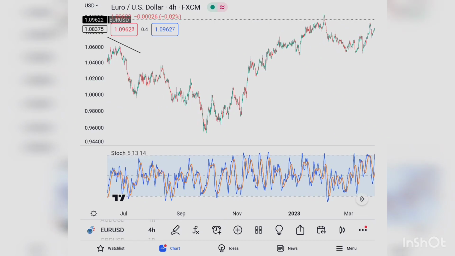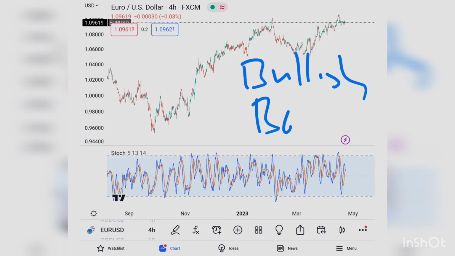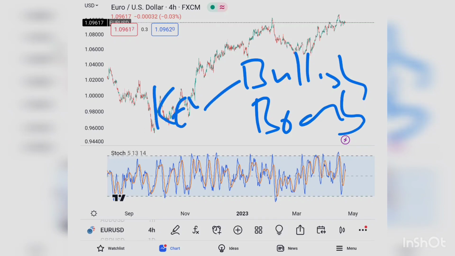Which trend are you in first? So looking at H4 like here, it's so easy for me to use the stochastic. Why am I saying this? Just identify the trend. Are we bullish or is the market bearish? That is key in trading. Key in trading, right?